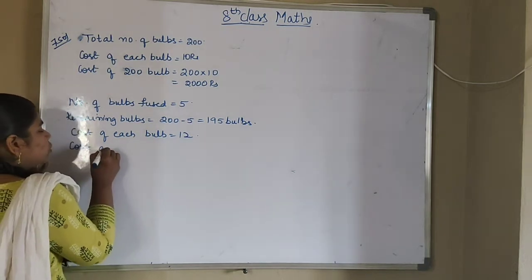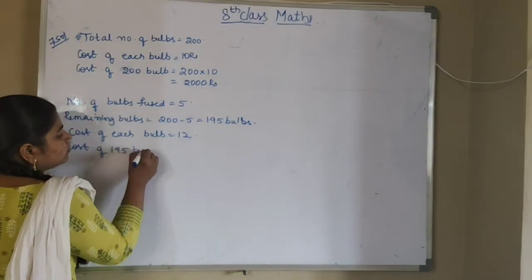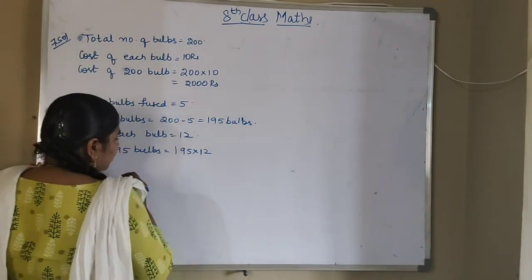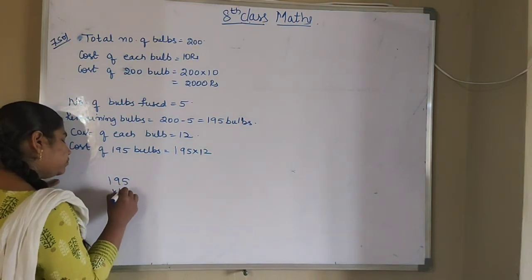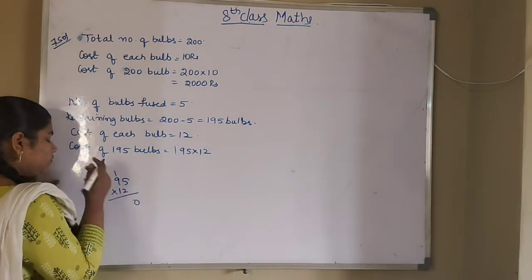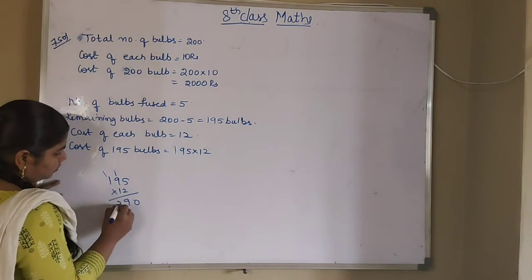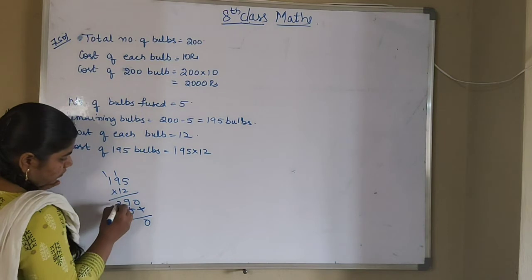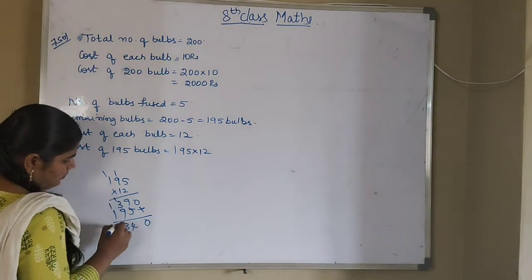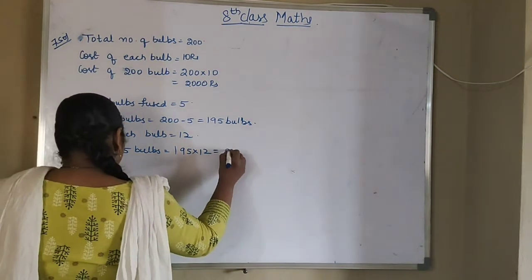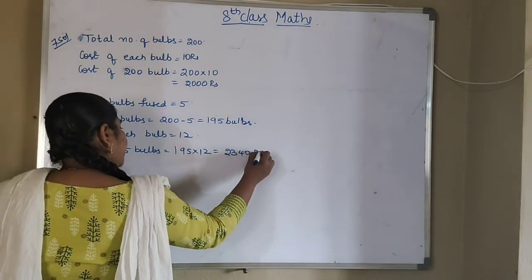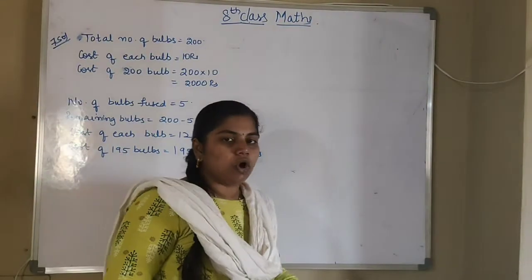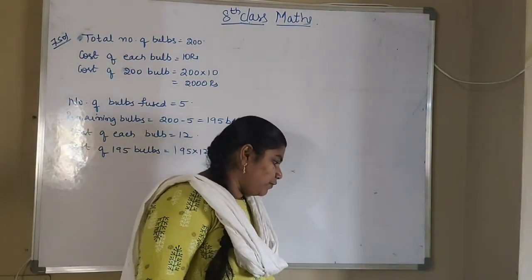Then what is the cost of 195 bulbs? That will be 195 into 12. Multiply this. That will be 2340 rupees. Now what do we have to find? We have to find whether he got loss or gain. So how to find that?